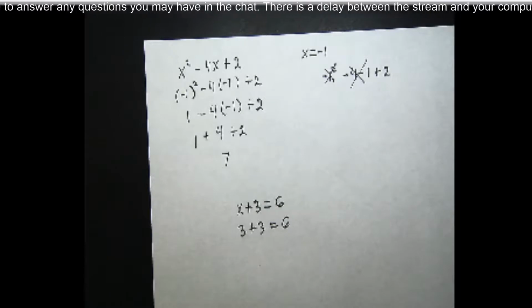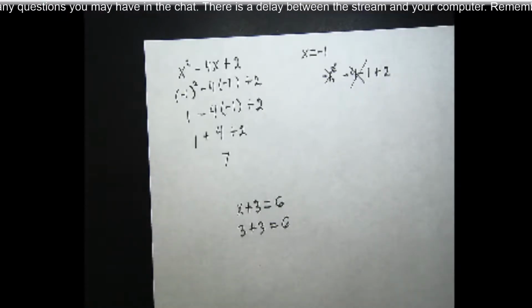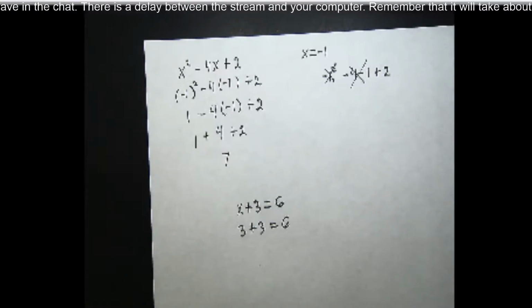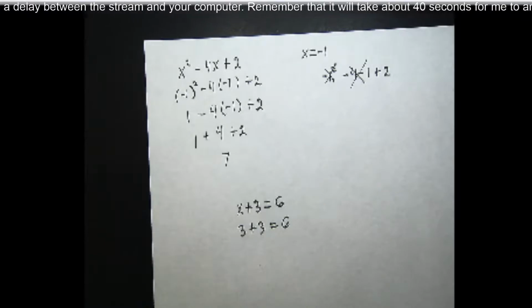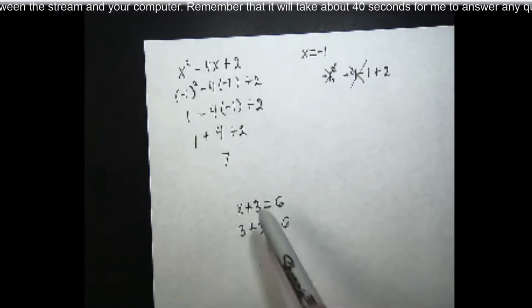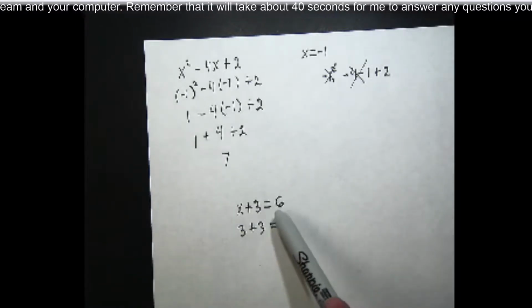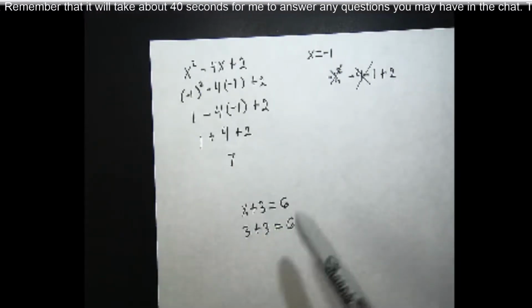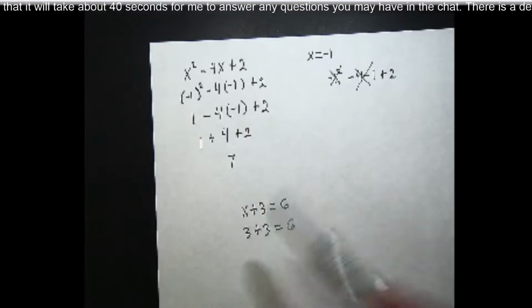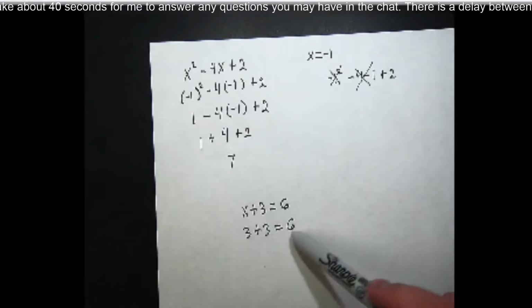No. Unfortunately, we're going to have college level applications here, so college level equations. But I'm just trying to show you that an equation is trying to say that both sides are the same. They have the same value. So 3 plus 3 is the same thing as saying 6.